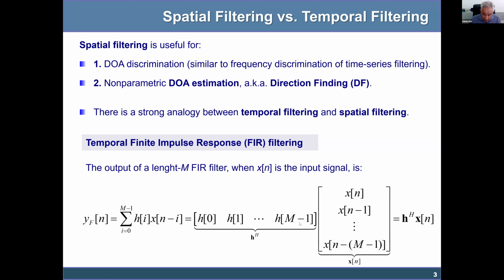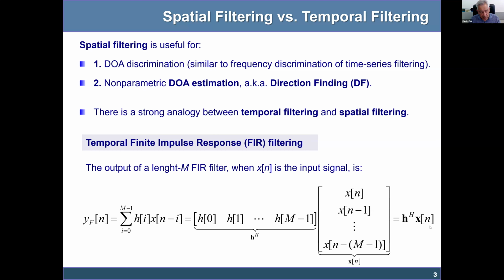And the linear convolution can be expressed as H-Hermitian that multiplies this column vector. So when i goes from 0 to m minus 1, here what you get is x of n, x of n minus 1, up to x of n minus m plus 1. So you can express in compact notation the output of the FIR filter at time n in this way, as H-Hermitian that multiplies x of n.